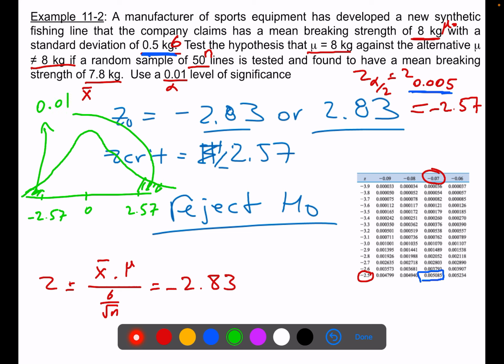And our z happens to be this guy, 2.83, so we are here. So we are in the rejection zone, right? We reject the null hypothesis. Any questions? Okay.